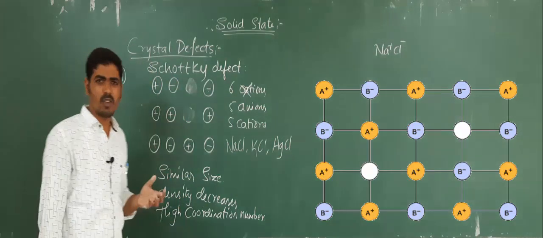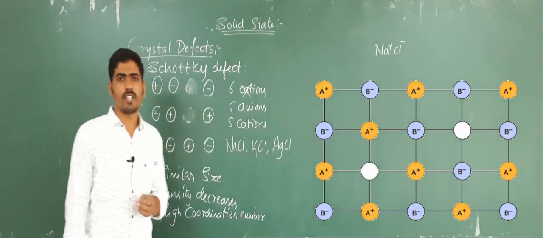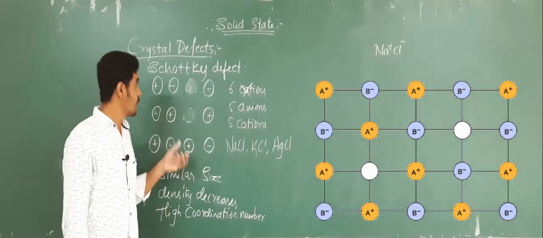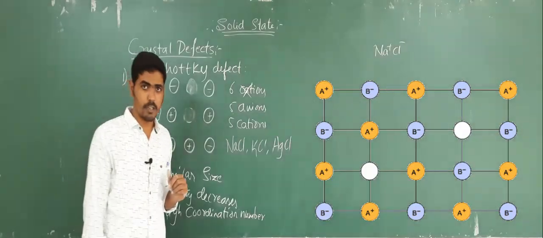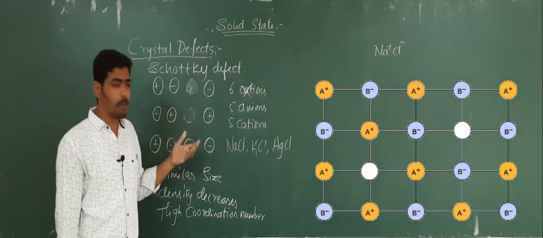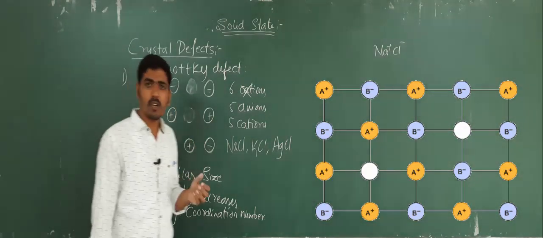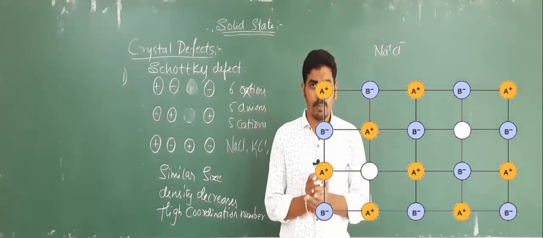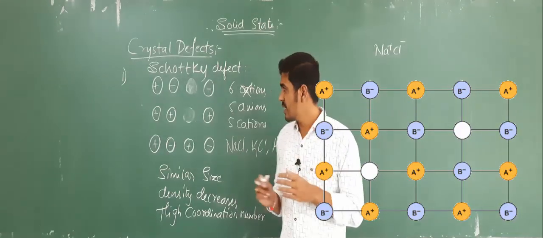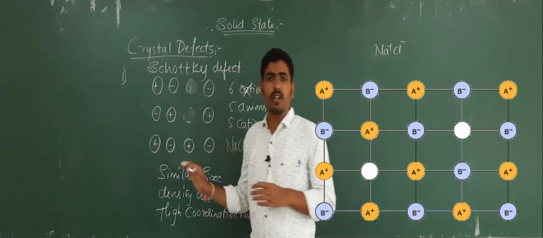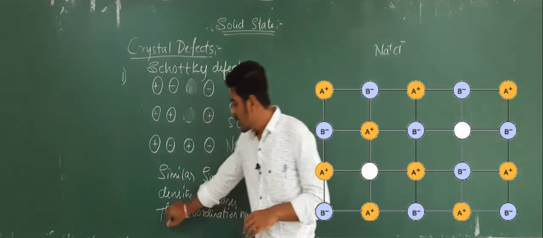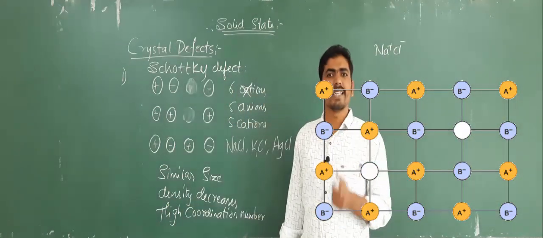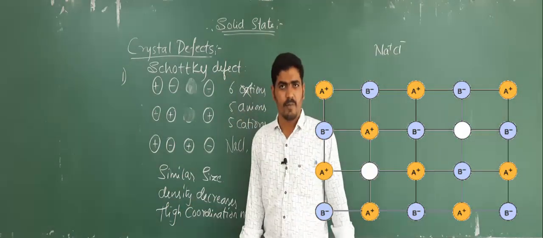If the crystal has a very low coordination number, we can't find this Schottky defect, because if more anions and cations are missing, then the crystal collapses. Hence it will be observed only if the coordination number in that crystal is high.